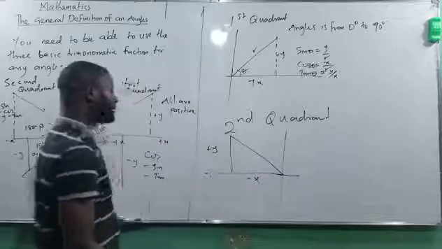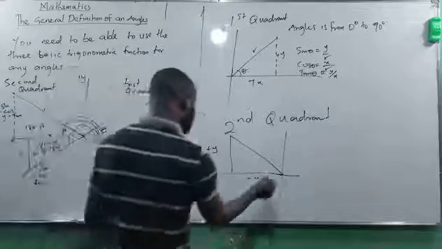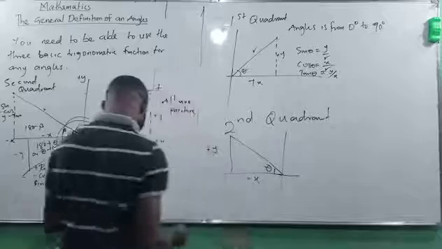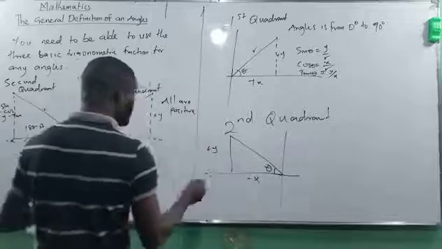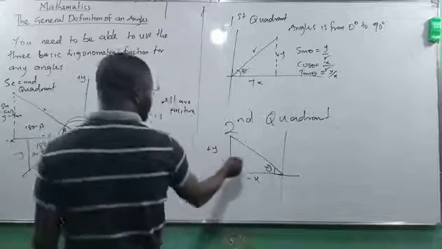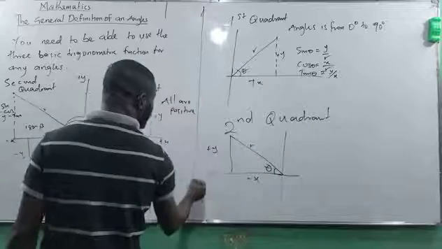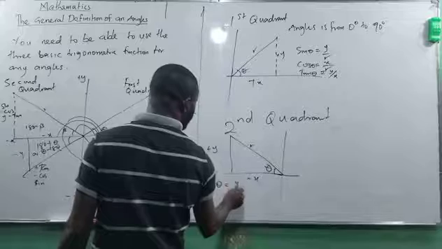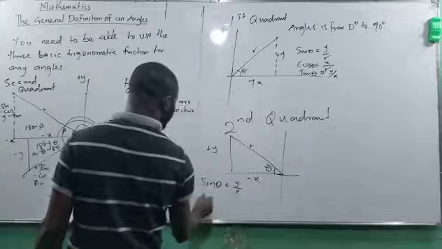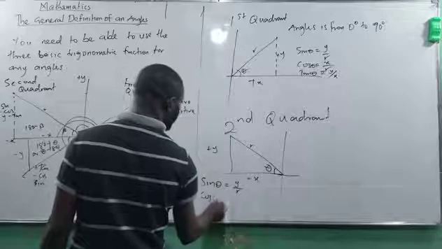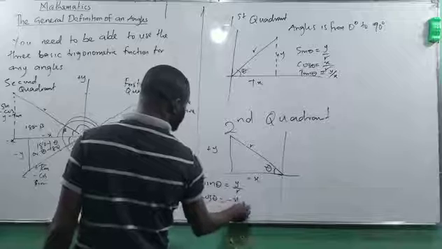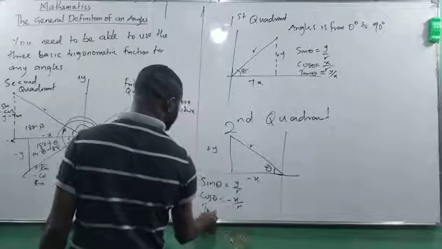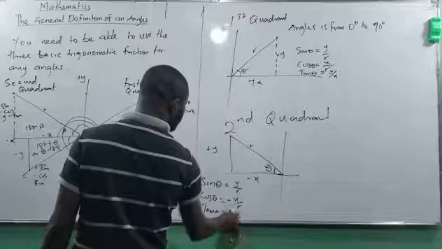I might call this place theta also. At this junction, this is my r, so sine theta equals what? y all over r.